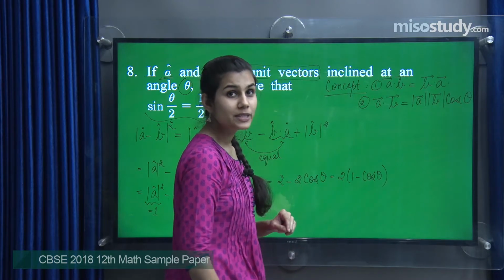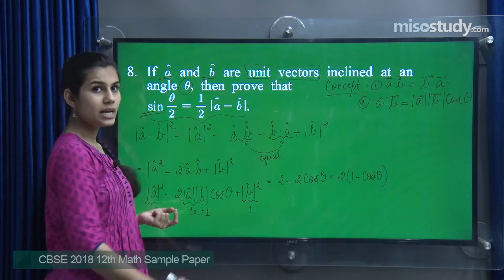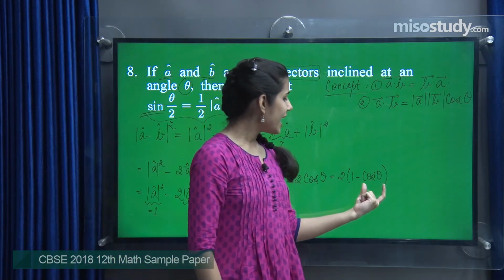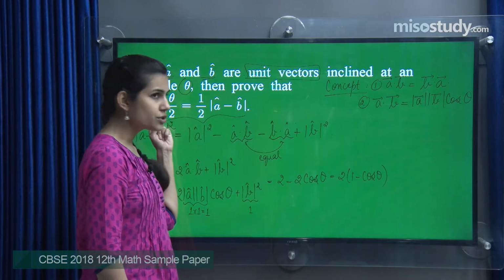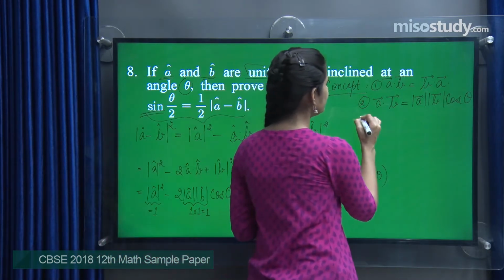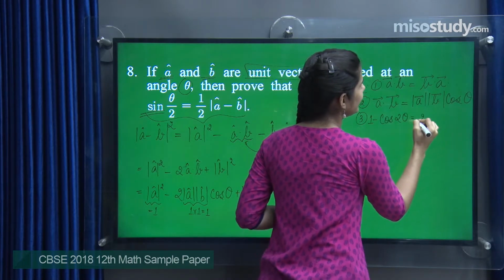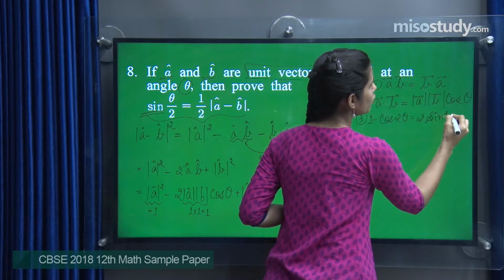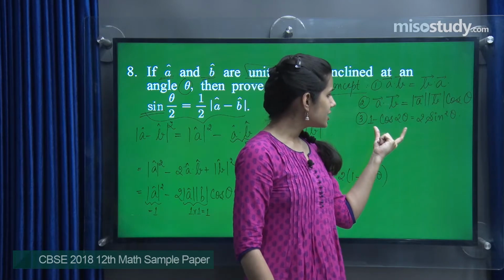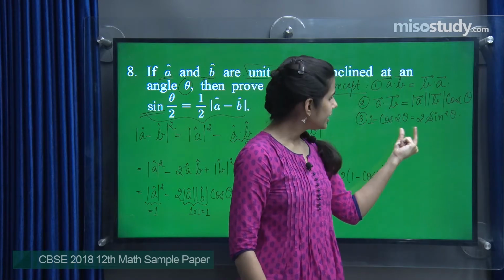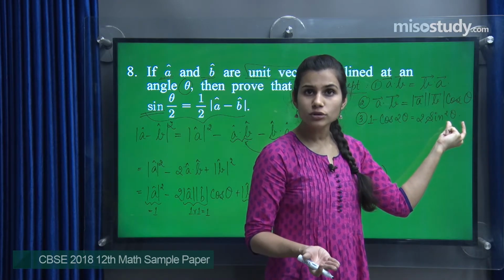Now another concept. Why? Because the very question is asking you about the ratio sine, but we have got the ratio cosine. How to convert from cosine to sine? Well, the concept is 1 minus cos 2 theta equals 2 sine square theta. See what is happening in this formula. Cos is getting converted to sine. Here you were having 2 theta, now it is becoming theta, half of 2 theta.